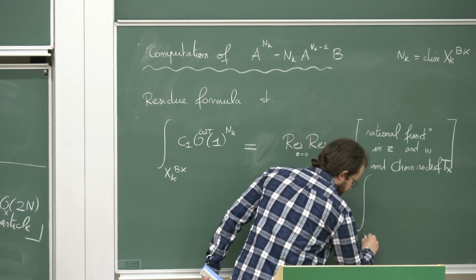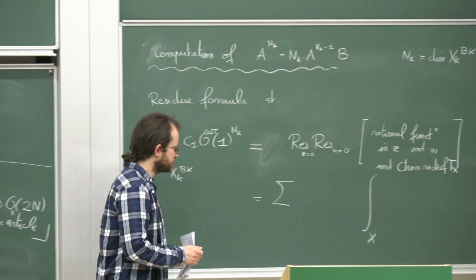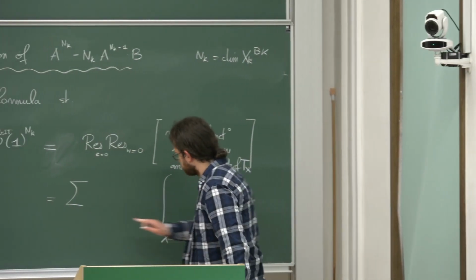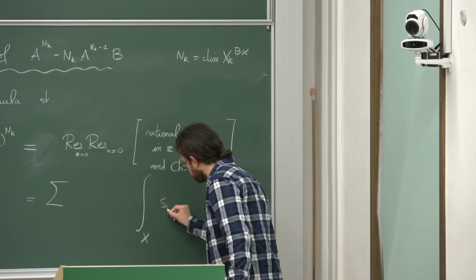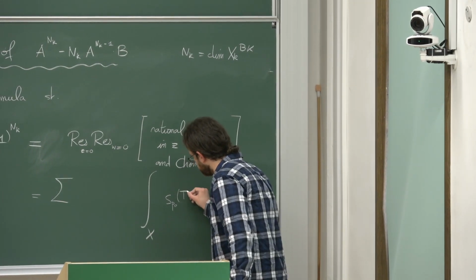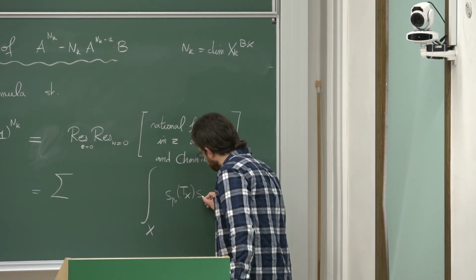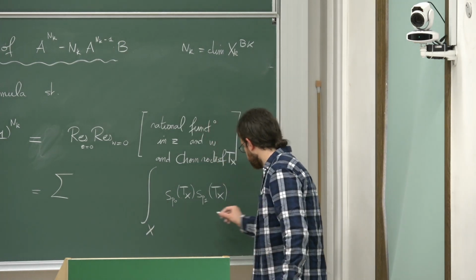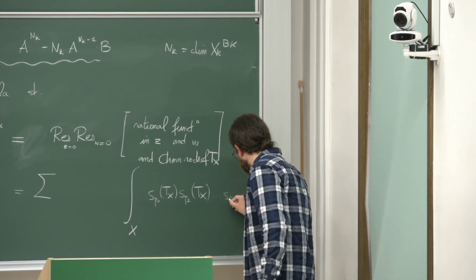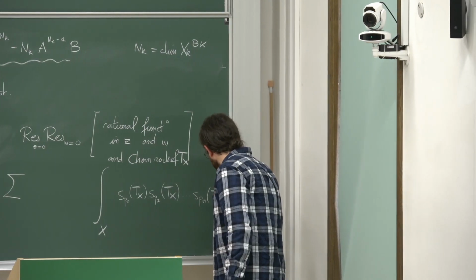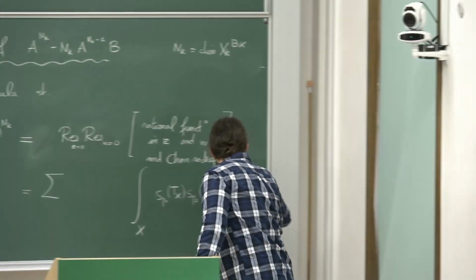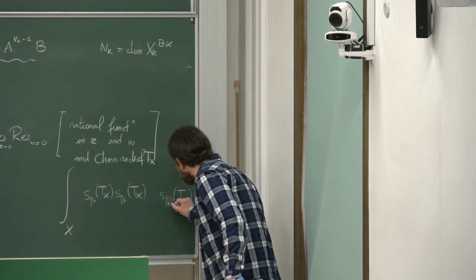So you will end up with an integral over X of some sum of products of Segre classes downstairs, indexed by some integers. We are on the k-jets bundle, so I think you have k minus 1 here.